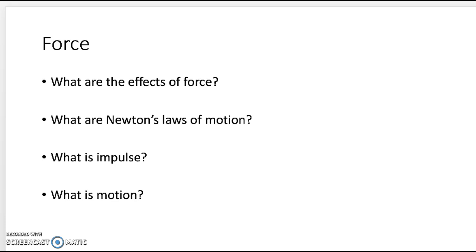Force times time is the equation to get impulse. So for example, if a basketball player passes a ball with a force of 10 newtons for 0.4 seconds, the impulse would be 4 newton seconds. And if a basketball player applies a force of 30 newtons to a ball for 0.3 seconds, their impulse would be 9 newton seconds.